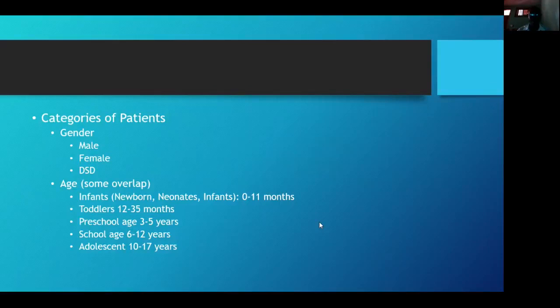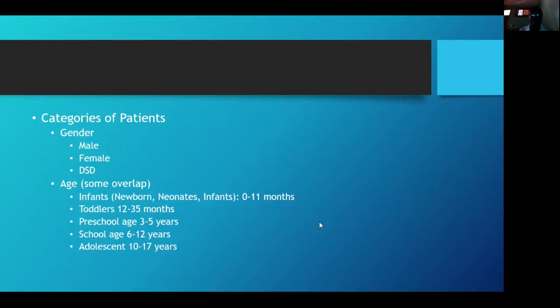Again, in terms of age, we have infants, toddlers, those that are preschool age, those that are school age, and adolescents. These are all varying divisions.